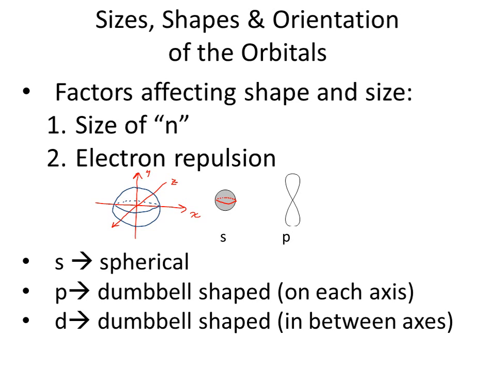Now, you've got 3 orbitals, so you've got 3 dumbbell-shaped electron clouds, and the way that they orient themselves to one another to minimize that interaction would be 90 degrees to one another. So what you get for P orbitals are these dumbbell-shaped clouds, one lying on the y-axis, one on the x-axis, and then one on the z-axis.